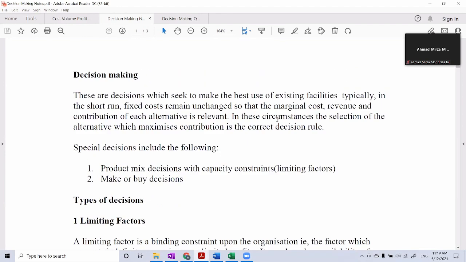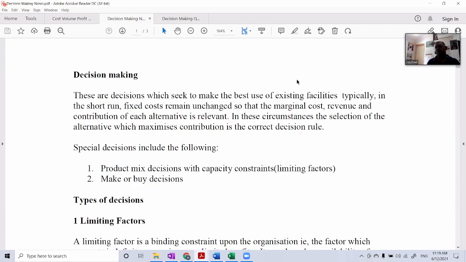Decision making says these are decisions which seek to make the best use of existing facilities, typically in the short run, short term. So we will apply marginal costing principles. Decision making in the short term will involve the application of marginal costing principles. That means quite a lot of the assumptions that we made in cost, volume, profit analysis will still remain.